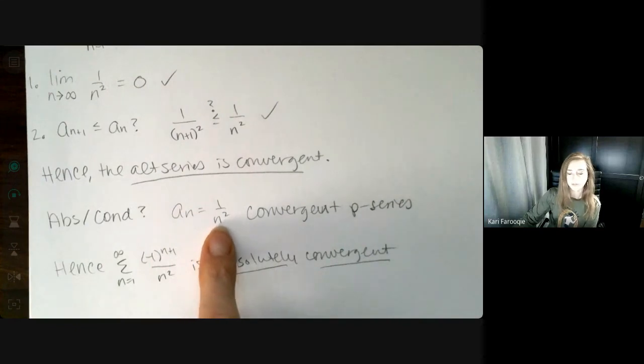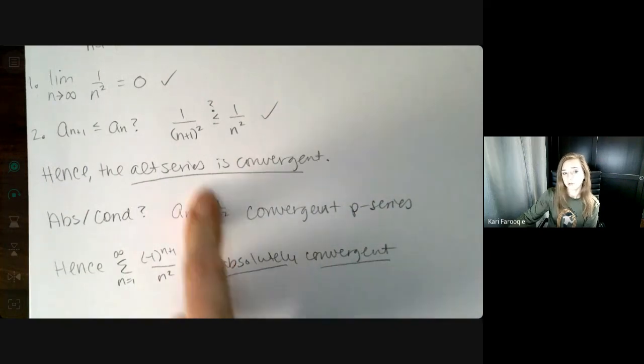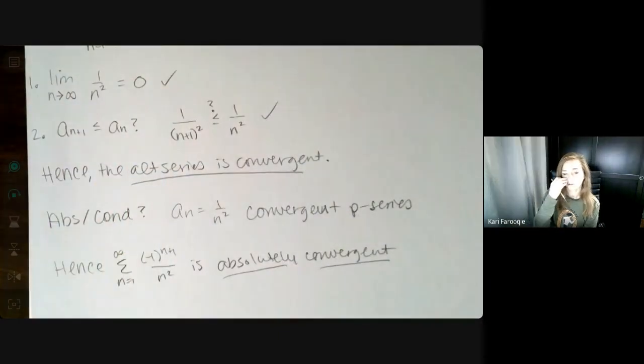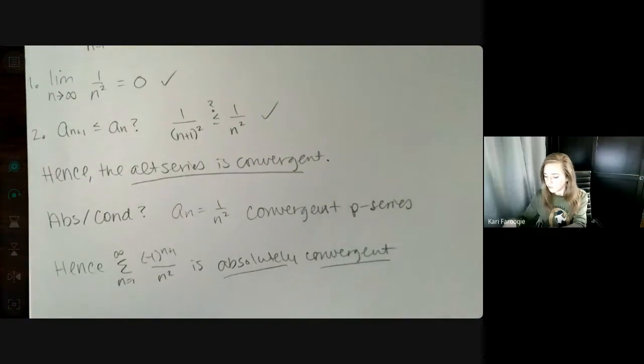So if this was something like 5 halves to the n, you'd be looking at a divergent geometric series, and that would diverge, but you would probably check these and make sure you would still get the alternating series to converge. And I'll show you another example where that happens also when I go through the asynchronous lecture. But this is enough to sort of get your feet wet.